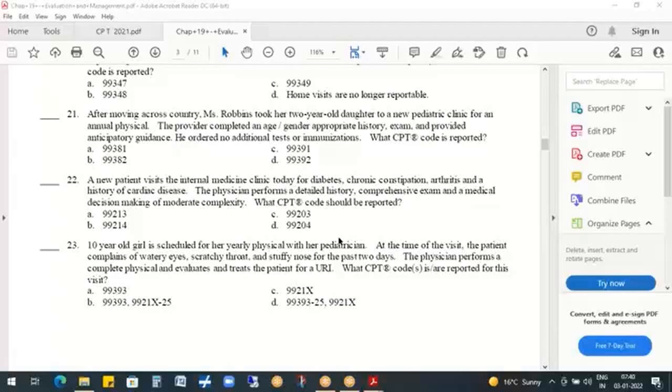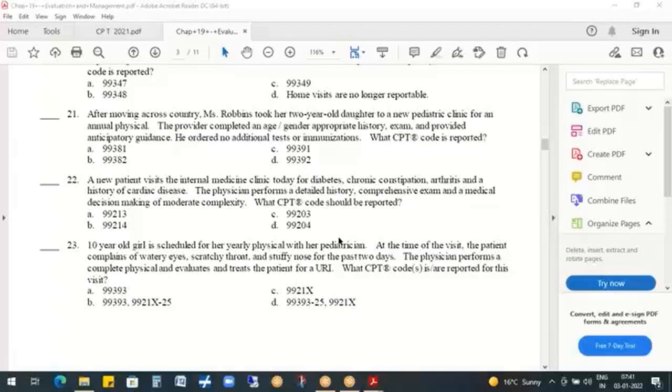Example: office visit, ED, inpatient, etc.